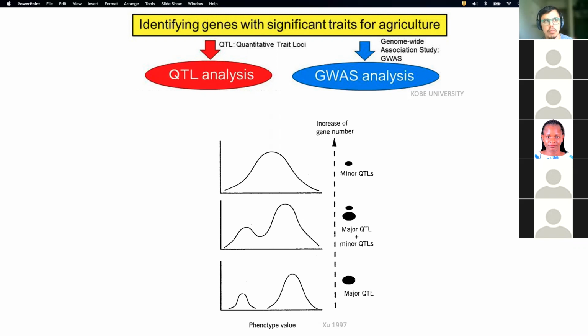Remember, when we talk about meiosis, there are not a lot of recombinations per chromosome. So if you are using a biparental population to do your predictions, which I didn't mention before, genomic selection has the best predictions in biparental populations. And why? Because the genetic relation between the lines is really close.